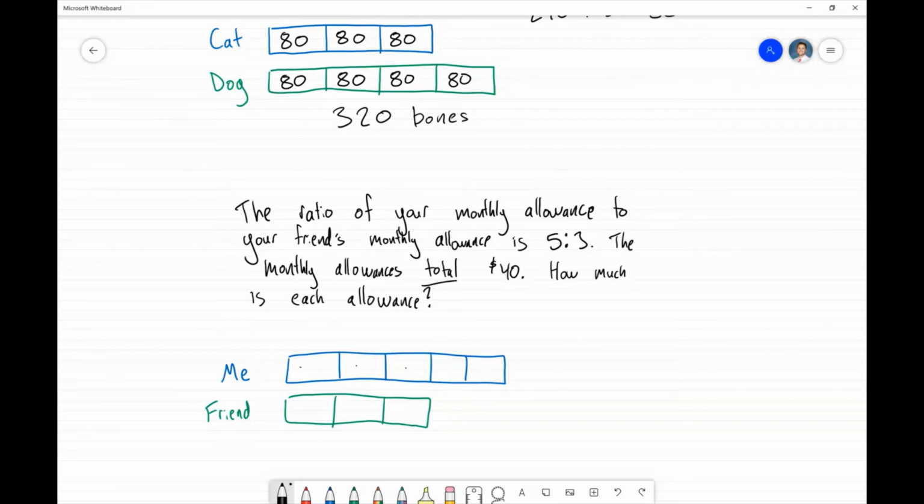We've got 1, 2, 3, 4, 5, 6, 7, 8. And each of those 8 parts will be equal. So we can take the $40, which is our total, and divide that by 8 to determine the part of each of these. We divide 40 by 8 and we get 5, meaning each of these is $5.